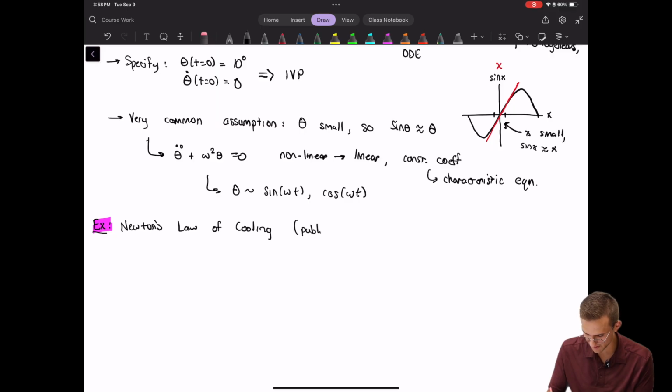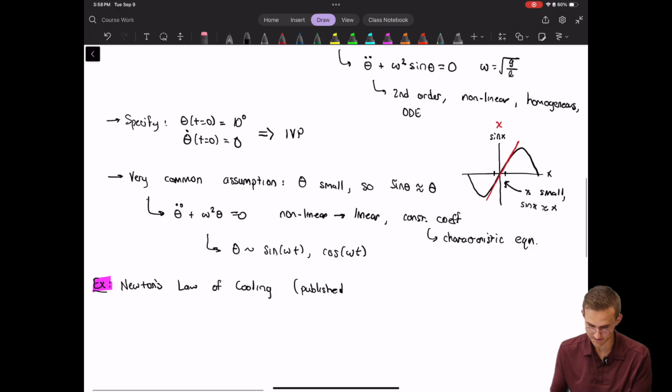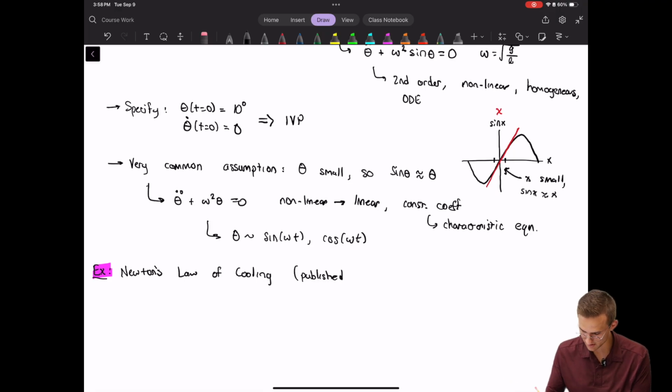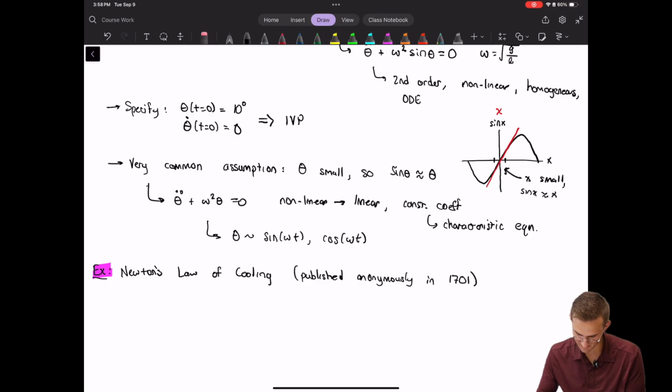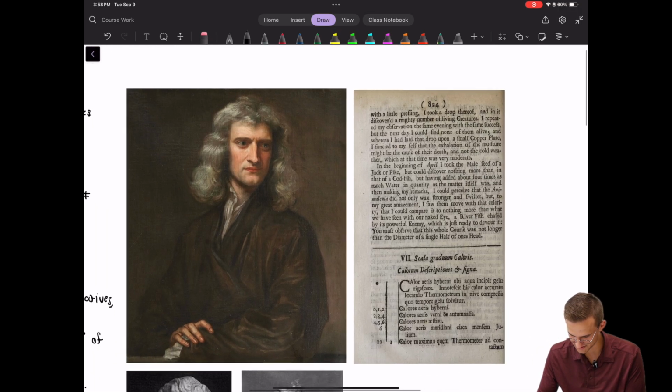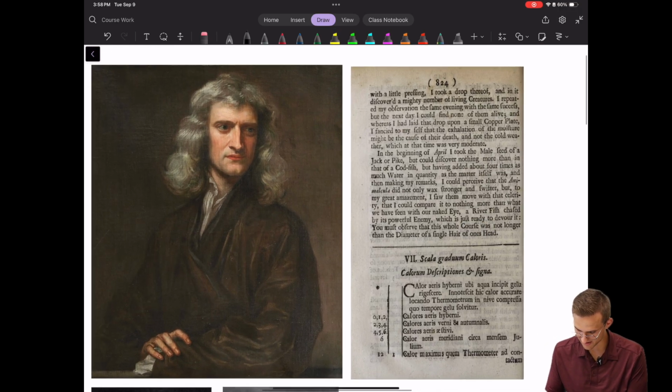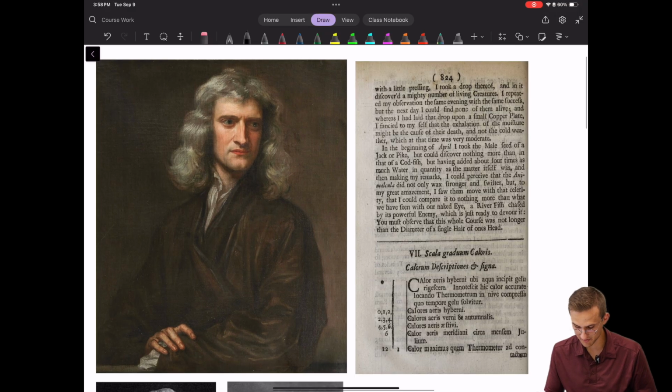Everybody's aware of his laws of motion, which were published in the Principia Mathematica. But his law of cooling was published anonymously in 1701, and I actually went and found the start of the original publication.